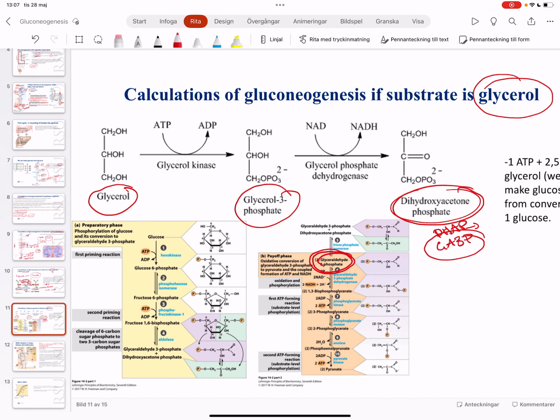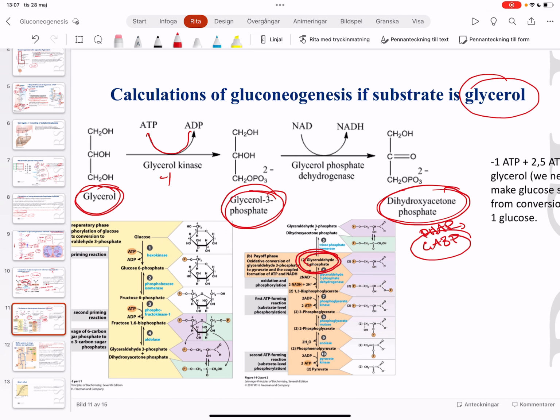But when we go from glycerol to glycerol 3-phosphate, we will invest 1 ATP, so minus 1. And then we will gain 1 NADH when we go from glycerol 3-phosphate to dihydroxyacetone phosphate, so that is plus 2.5.